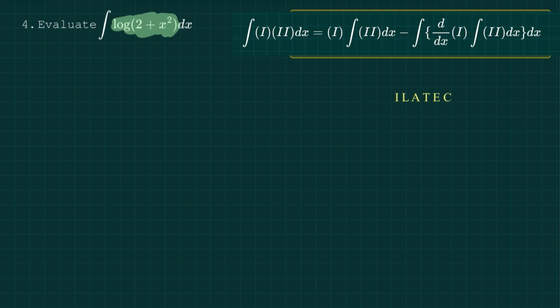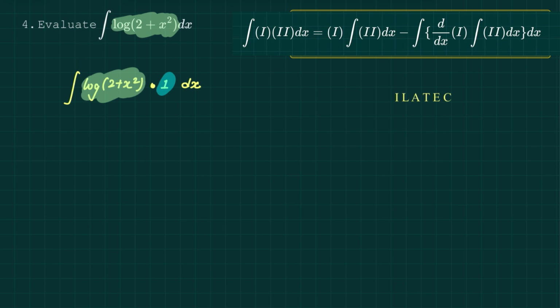So since there is no other function, we will consider this integral as log of 2 plus x square into 1 dx. So since previously there was only one function, now I have added one more function by multiplying it with the given function and made the product of two functions.